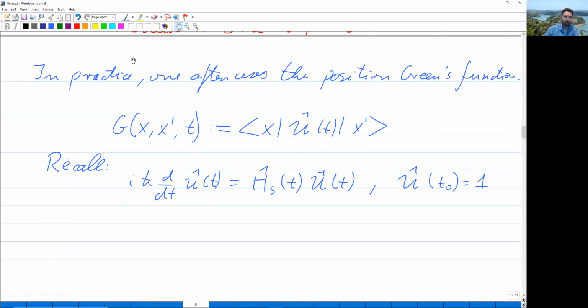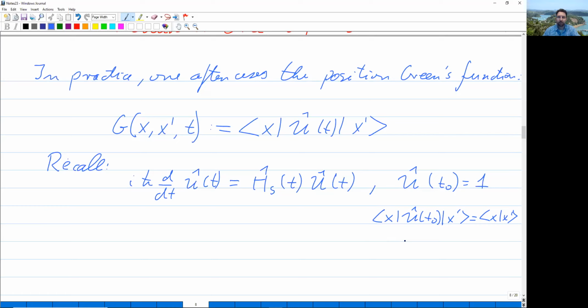And what is it? Well, all we need to do here is multiply this equation from the left and from the right with a position eigenbasis. Let's do it here, for example. What do we get? We get that x u hat of t naught x prime is equal to x x prime. Right? So we've just multiplied both sides of this equation from the left with x and from the right with x prime.